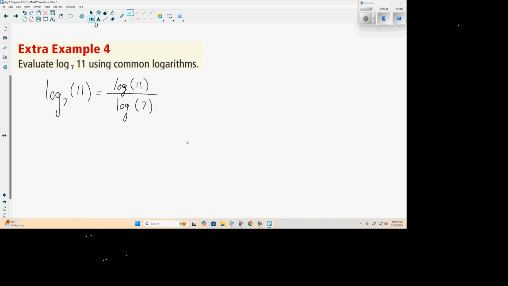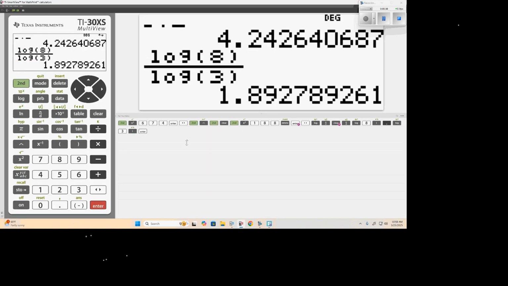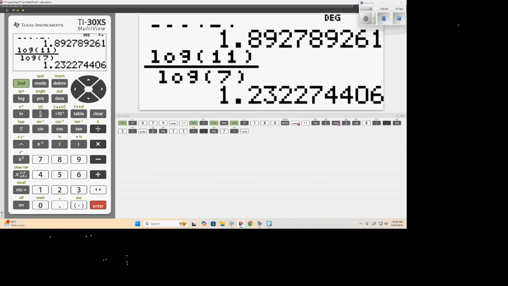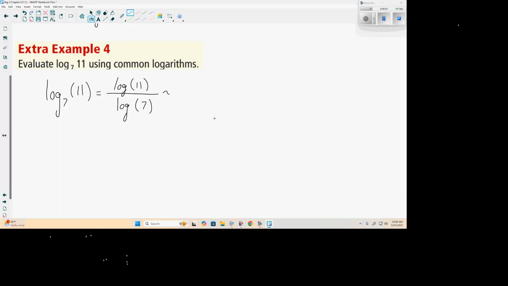And if we evaluate this here, we can just grab the calculator, say log of 11 over log of 7, 1.2323. Because we're going to normally round to the 4th decimal place. Questions on how we did this here?